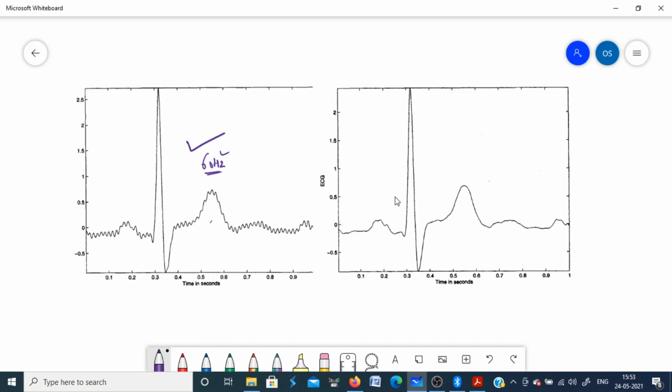And this is the signal that is obtained after processing it through a notch filter, with the cutoff frequency of 60 Hz, the filter that we have just designed. You can see that the noisy component in the signal is removed. You get a clean ECG signal.